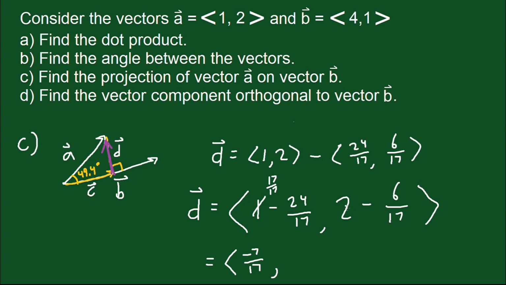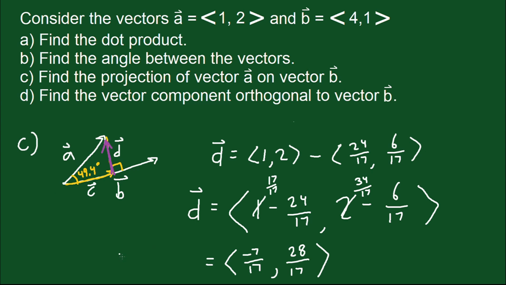And over here, 2 can be turned into 34 over 17. 34 over 17 minus 6 over 17, that would be equal to 28 over 17. So this is your vector D. It's that purple vector. And if you wanted to check your work, you could check and make sure that vector C plus vector D, those two that you got, do in fact add up to vector A.